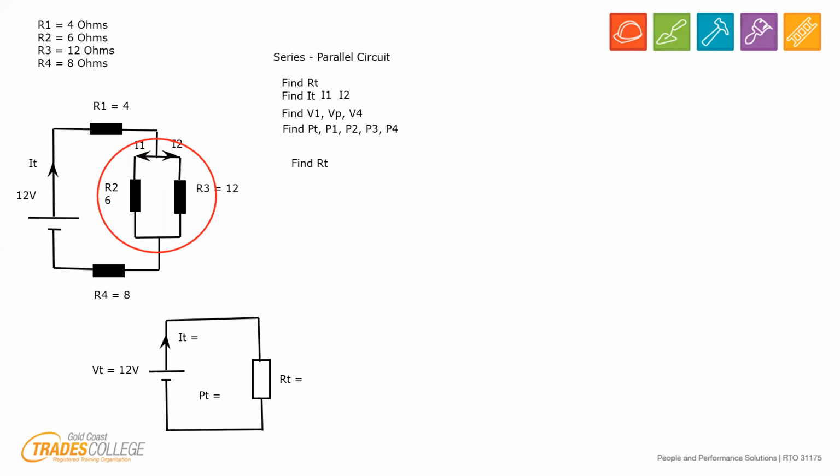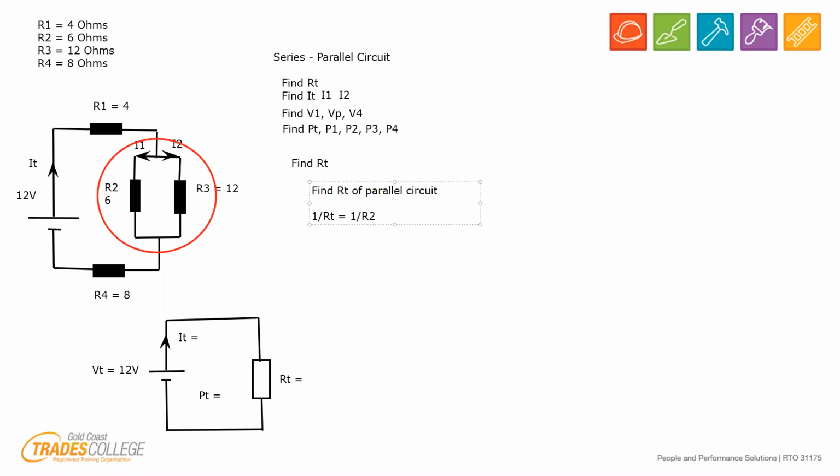So to find RT, I want to find RT of the parallel circuit. To do that, 1 over RT, you should be pretty good at this now, equals 1 over R2.